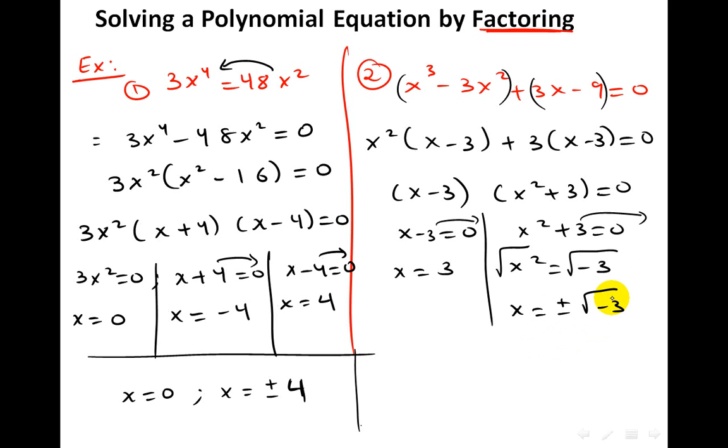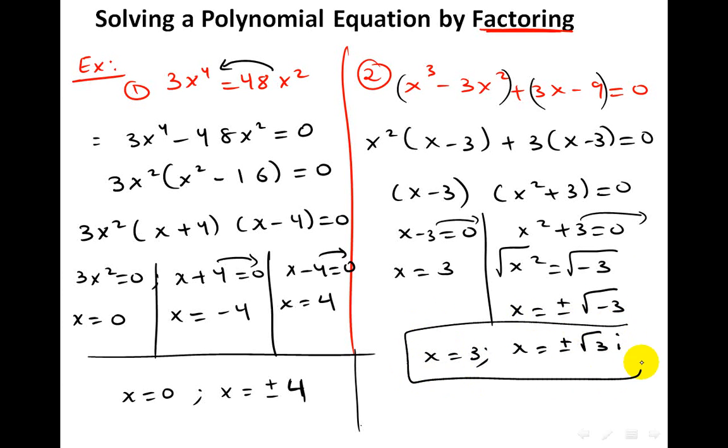It means 3 times negative 1 under radical, and negative 1 under radical, if you remember, means i. So this will be plus or minus root 3i, and also you have x equals 3. So here you have these three different solutions. This is a comma, by the way.